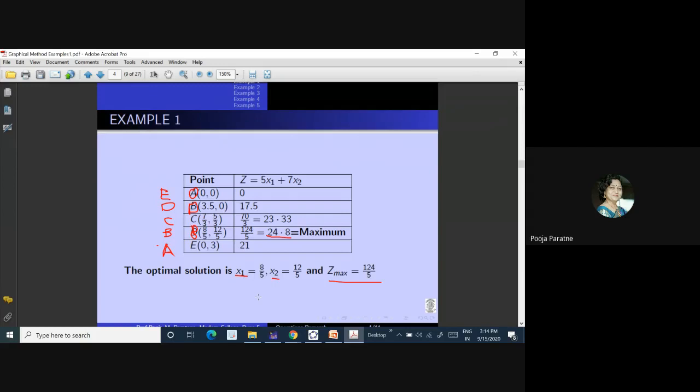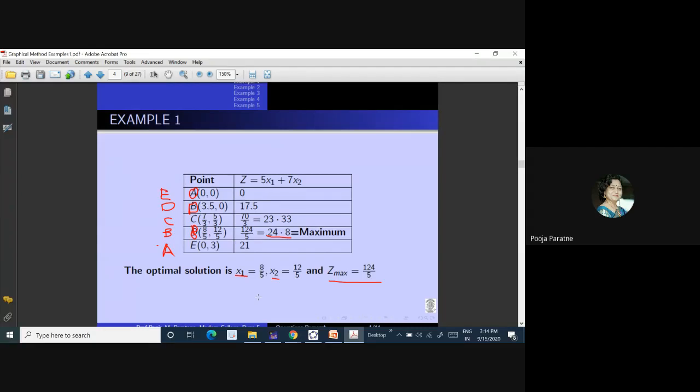When you solve a linear programming problem by graphical method or simplex method, this is one of the drawbacks: when we assume the decision variables, generally this is the number of units to be produced, number of things, and the number of things cannot be a fraction. But in the graphical method and the simplex method, we get the values of decision variables in the form of fractions.